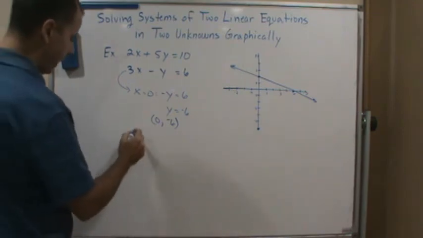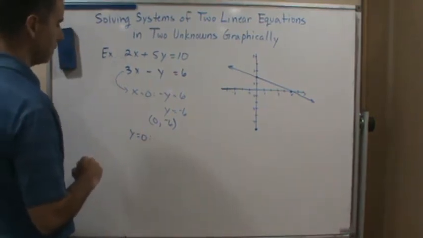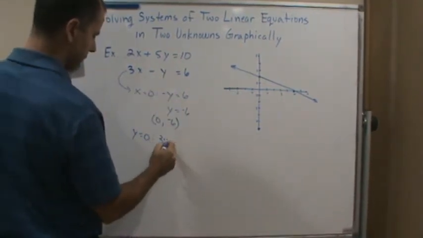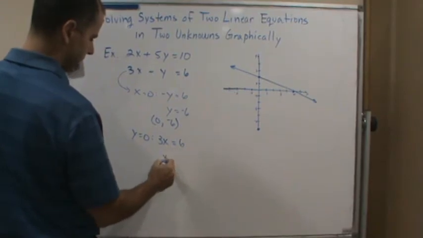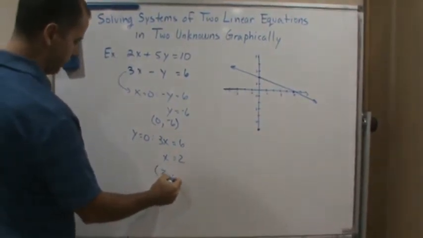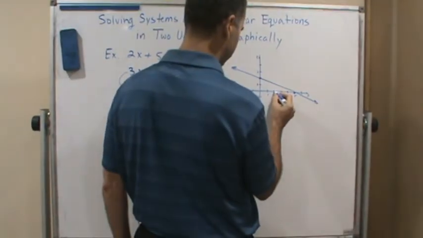And then if we set y equal to 0 to find the x-intercept, we get 3x is equal to 6, and so x equals 2, and so we're going to have (2, 0), which is right here.